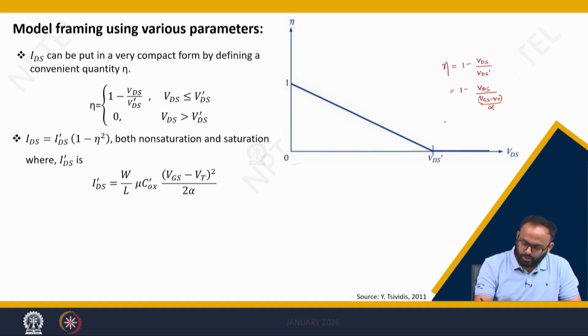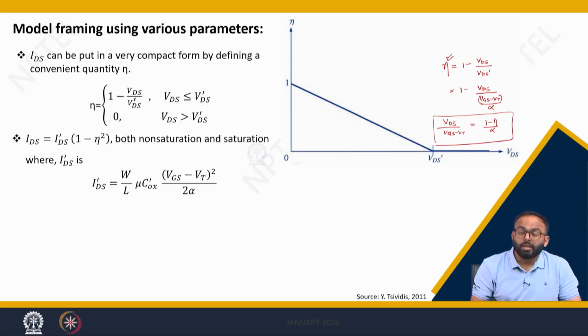Or you can simply write VDS divided by VGS minus VT equals 1 minus eta by alpha. We will use this parameter later in our models to simplify the analysis. So, eta is equal to 1 when VDS is equal to 0. At VDS equal to VDS dash, eta is equal to 0.